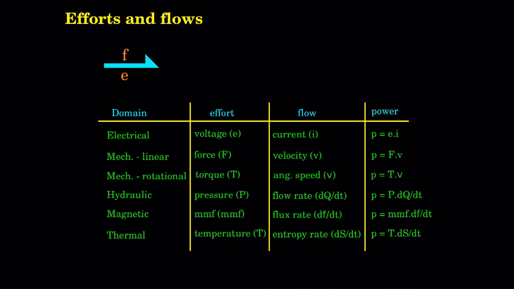So, entropy is actually the energy flow or the heat flow in a medium per unit temperature of the cold body. So, d by dt of entropy is going to give you a power unit. So, entropy rate into temperature will be power.